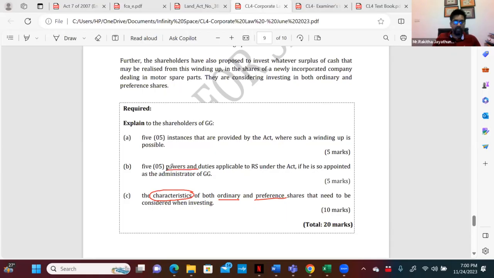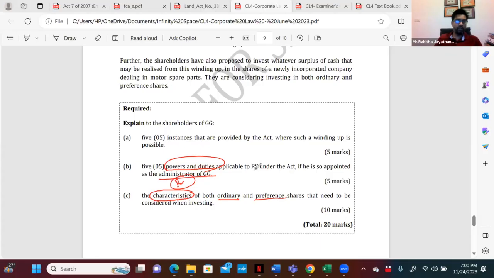And when it comes to powers and duties, the answers are there. You can even go through it. But I am here to explain some additional things to minimize your weaknesses and mistakes at the exam. The examiner says, when it comes to powers and duties of an administrator, some students have wasted time explaining the role of the administrator, the definition of an administrator, and the rights of an administrator.